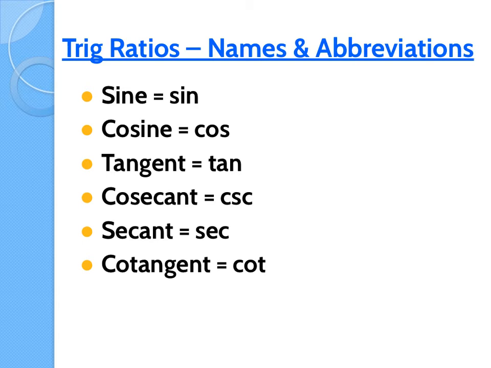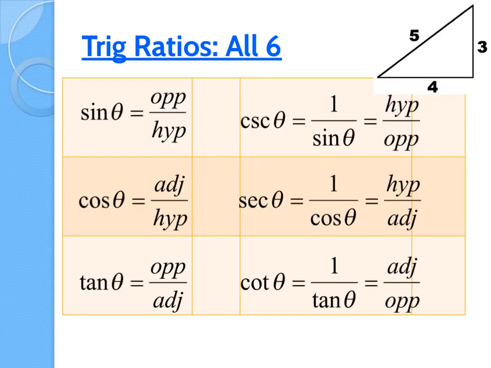We have 6 of them, so we abbreviate them: sine, cosine, tangent. We also have cosecant, which is CSC, secant, which is SEC, and cotangent, COT. So the last 3 are reciprocals of the first ones. So when we have sine is opposite over hypotenuse, cosecant is going to be the reciprocal of sine, so it's hypotenuse over opposite.